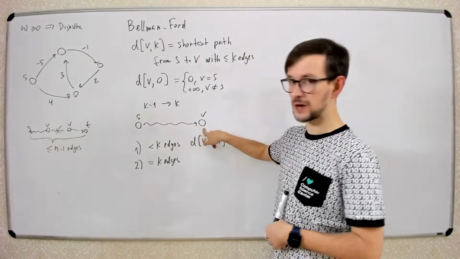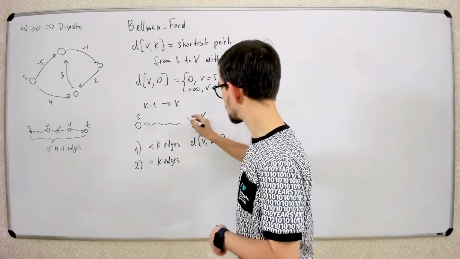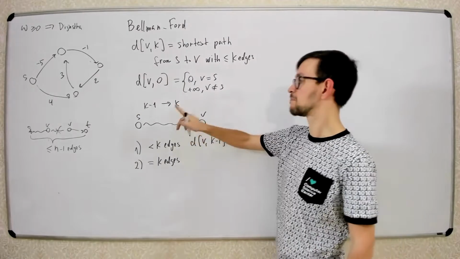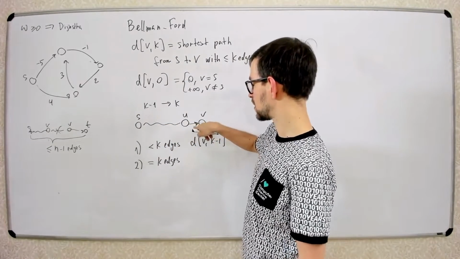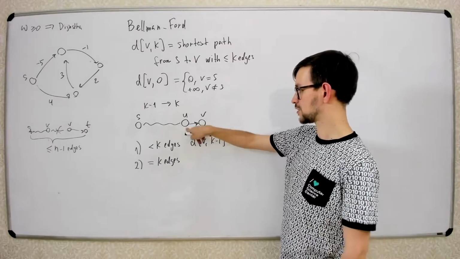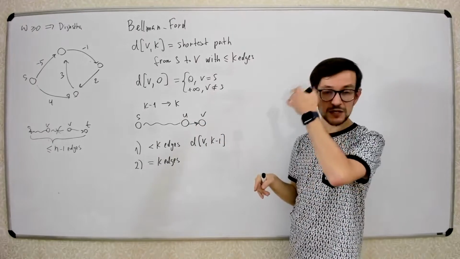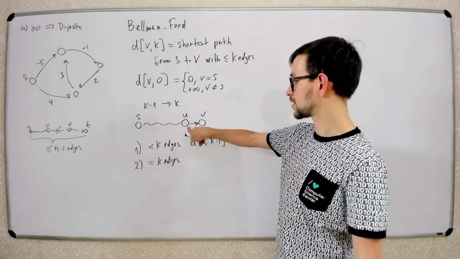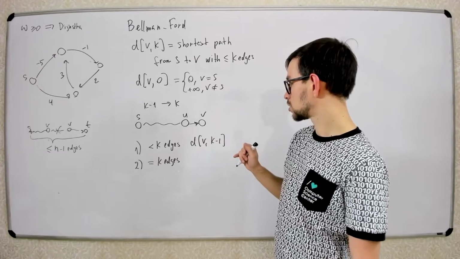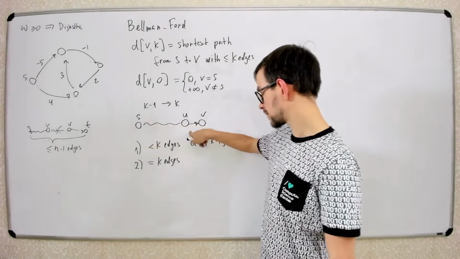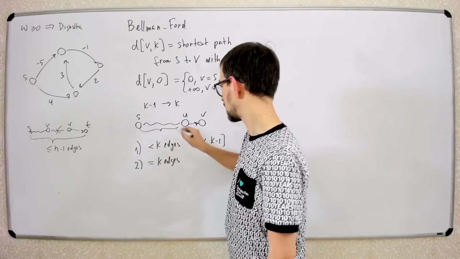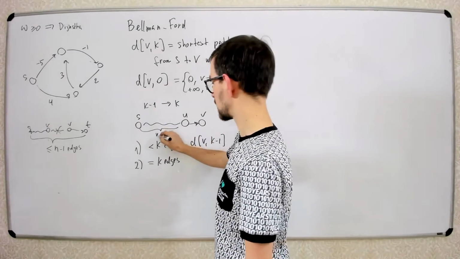So we have some shortest path from S to V, and the closest node to V is U. So the last edge in this path will be from U to V. So let's iterate over all possible edges, all edges which go into node V. Now, if we want to find the shortest path which has node U here, then this part will contain k minus 1 edges, right?